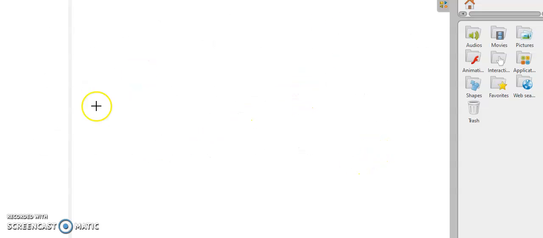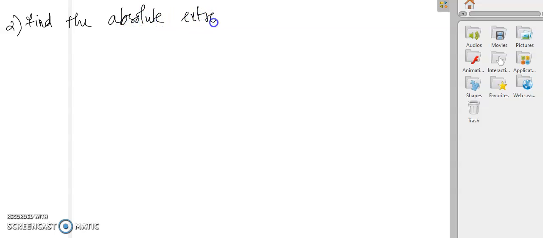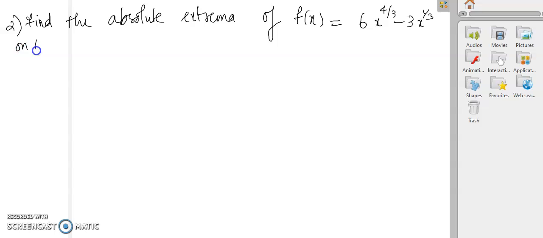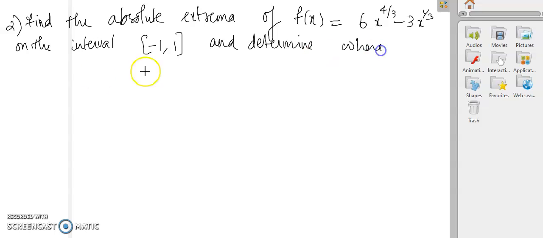So let us see one more example. Find the absolute extrema of f(x) = 6x^(4/3) − 3x^(1/3) on the interval [−1, 1], and determine where these values occur.